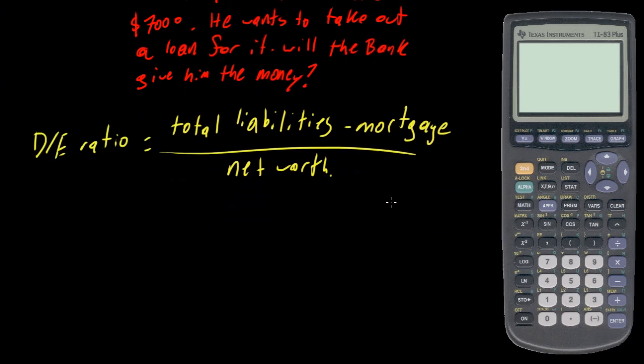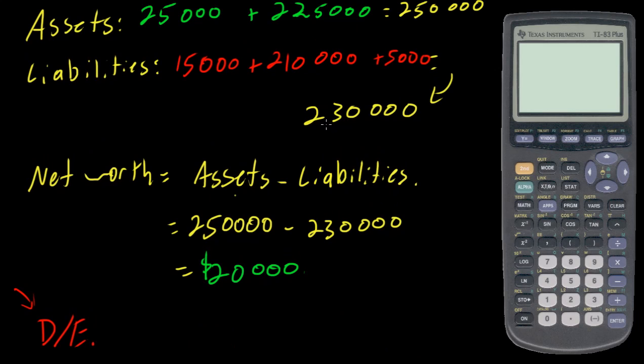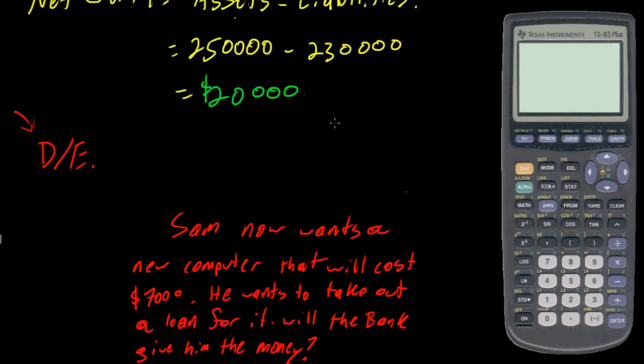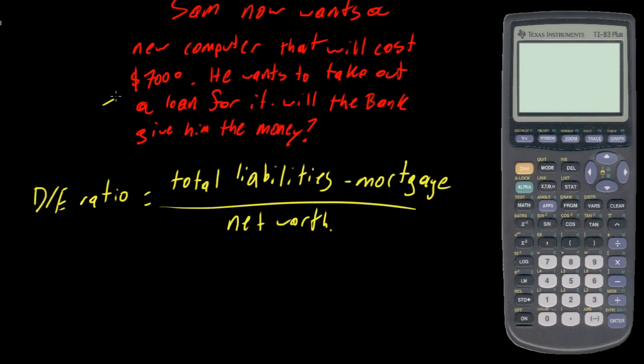So total liabilities. We had the liabilities from before, and if I scroll up, it was equal to $230,000. Now, in this case, we will add the potential $7,000 that he wants to add on. So I'm just going to say add to liabilities from before.